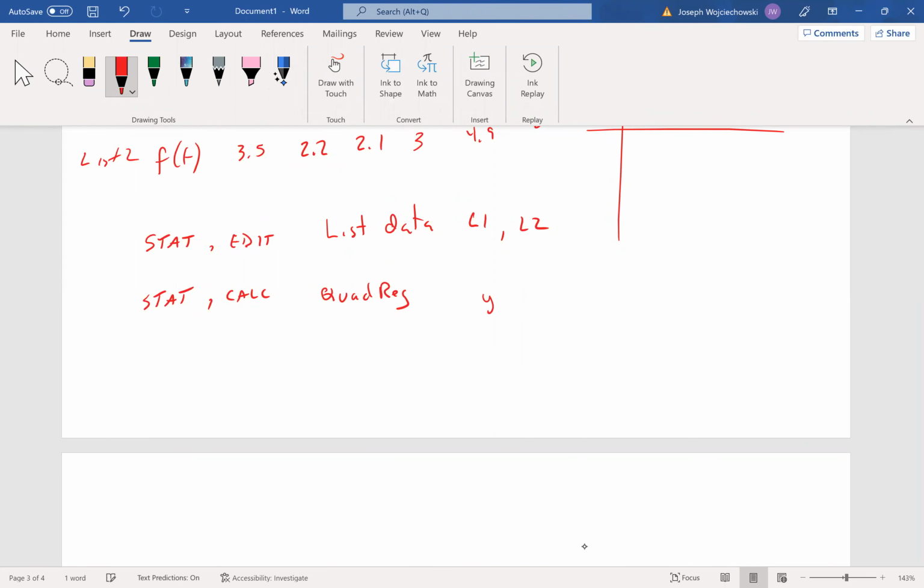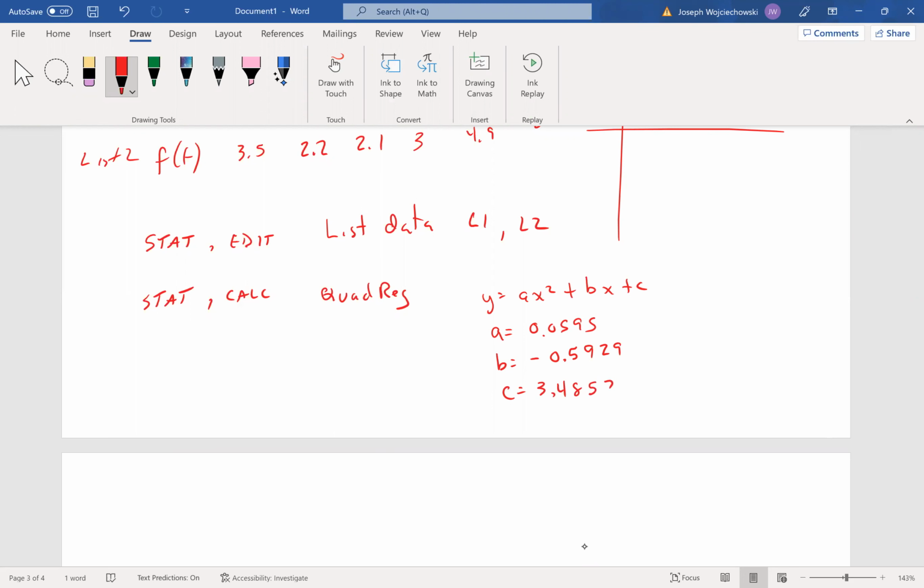first we get the equation y equals ax squared plus bx plus c. Then I get a equals 0.0595, b equals negative 0.5929, and c equals 3.4857.